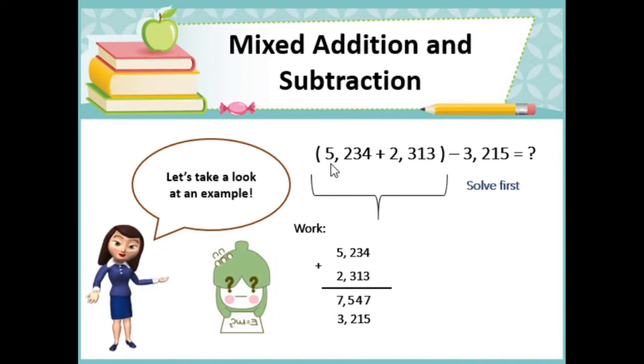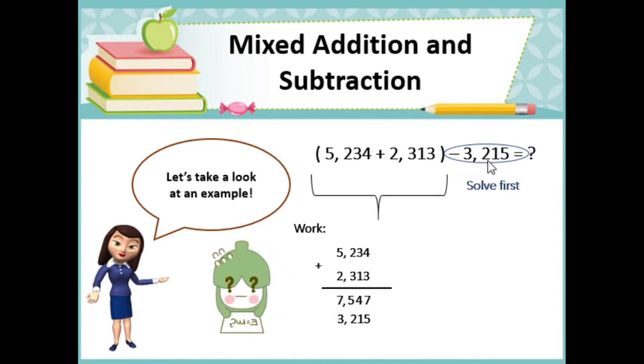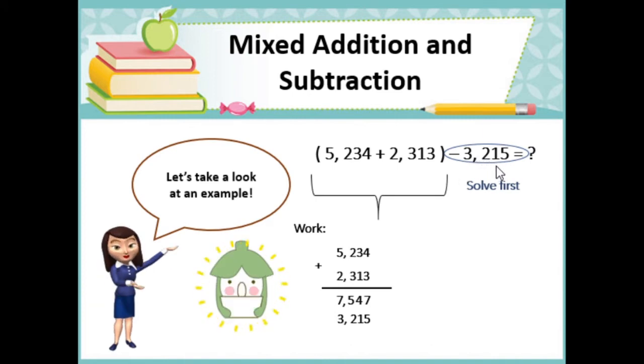Now, we can already subtract it with the number outside the bracket, and that's 3,215. So 7,547 minus 3,215.